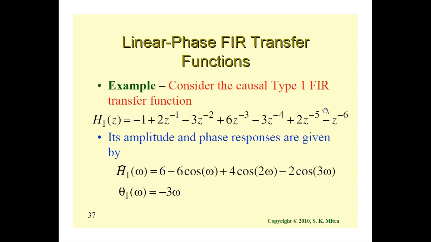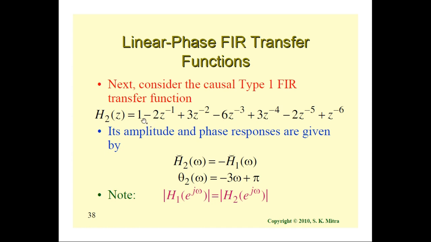Now we consider a type 1 filter which has coefficients which are opposite in sign compared to H1 of z. Still it's a type 1 filter, so you can see that the related coefficients are 1 and 1, minus 2, 3, 3, and the center sample is minus 6. So such a filter, although the sign of the coefficients have changed, is still a symmetric, type 1 FIR filter.